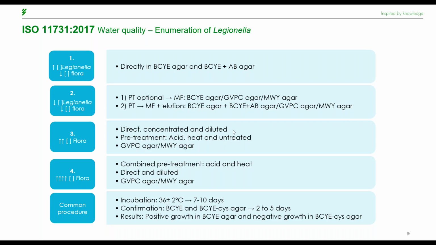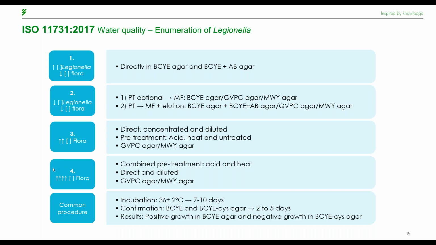Next, to each one of these samples, you have to do a pretreatment, which would be acid pretreatment, heat pretreatment, and then the last to leave untreated. So now here it's complicated because we have several different subsamples and pretreatments to do to one and another. So after you've done all this, each one of these is streaked onto a GBPC agar.